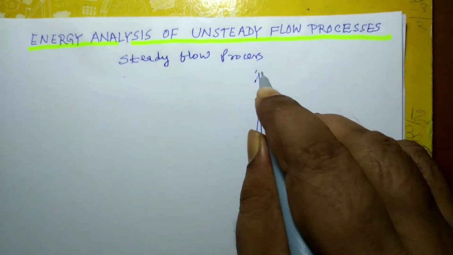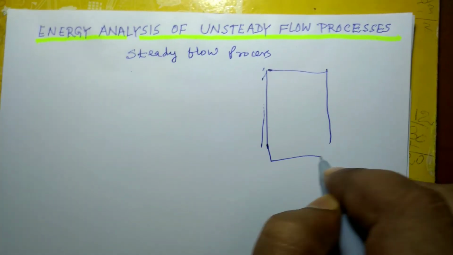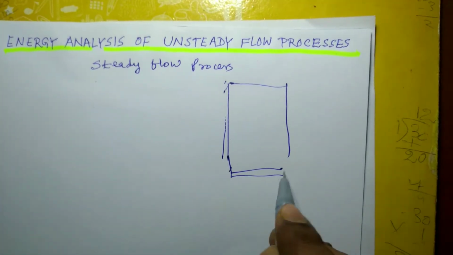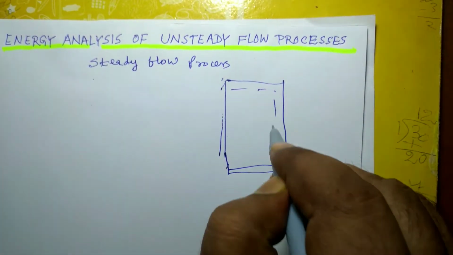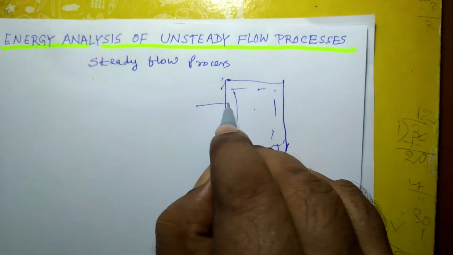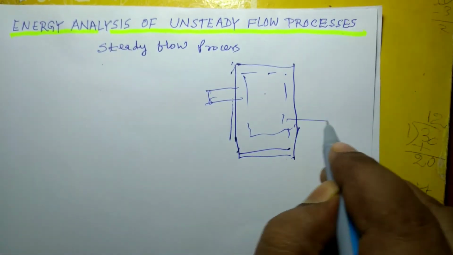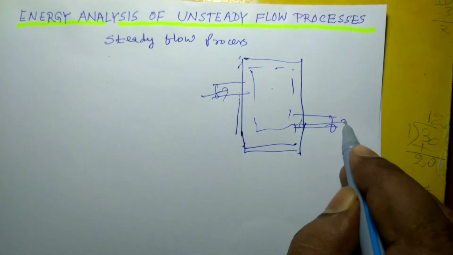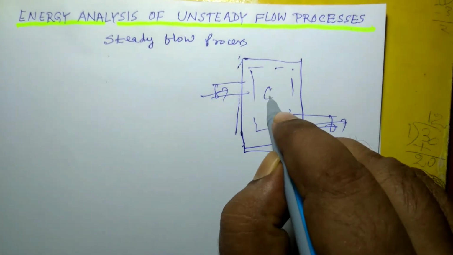Suppose this is the control volume. Control volume is nothing different from open system. So suppose this is your control volume and this is its boundary. Control volume means obviously there must be some mass interactions, so mass must be coming in or going out of this control volume.